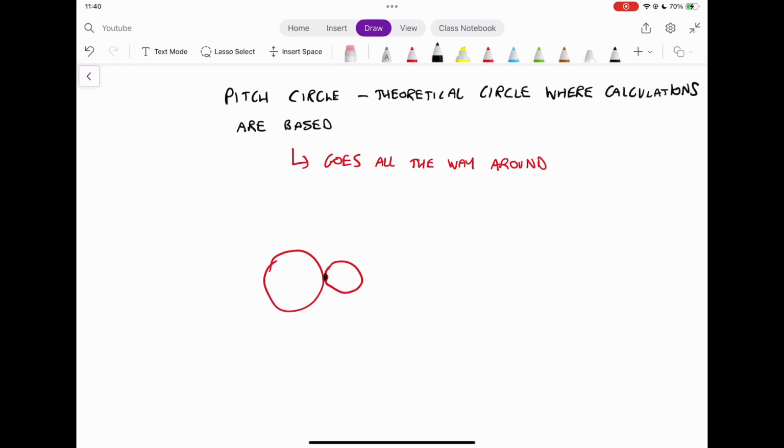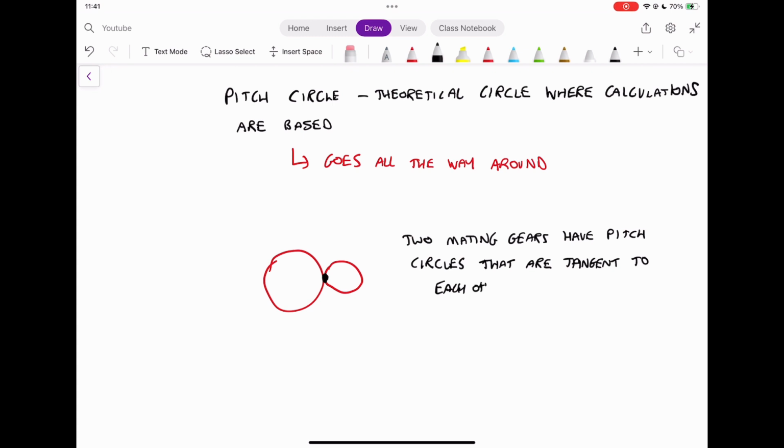If we have two mating gears together, typically those two mating gears have pitch circles that are tangent to each other. I'll write it down really quick, but essentially when you're designing a gear system in terms of theory, you know the gears will be intersecting where the pitch circles are tangent to each other.